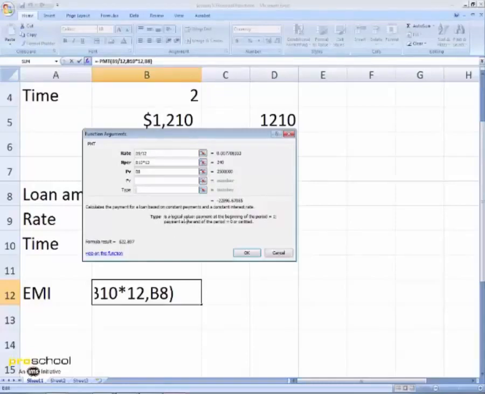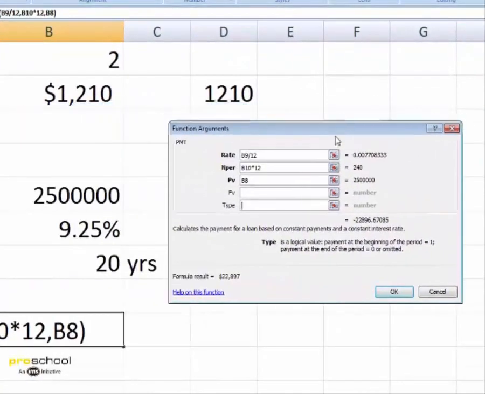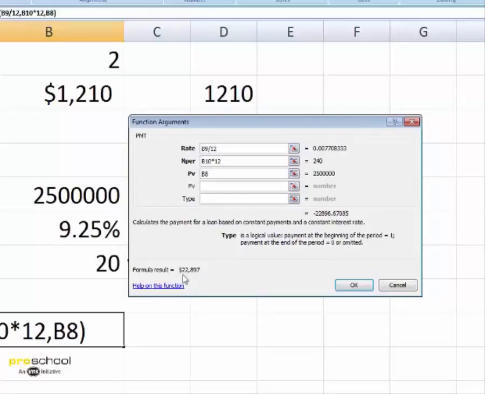It says type is a logical value: payment at the beginning of the period is 1, payment at the end of the period is 0 or omitted, which means when we omitted this value, we assumed the payment is happening at the end of the period, and hence we got a particular EMI value, which was 22987, which you can see here also, formula result 22987.